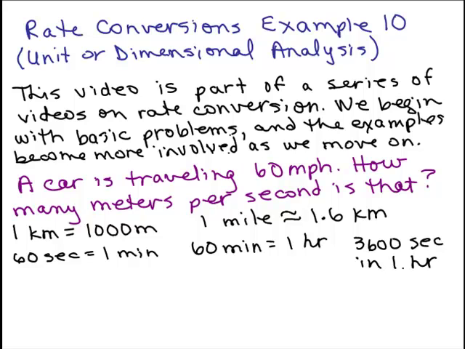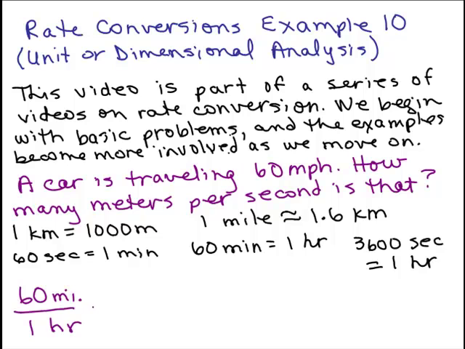Okay, so let's use that, which will make it a little bit less cumbersome if we realize there's 3,600 seconds in an hour. So we're starting off with a car going 60 miles per hour, so 60 miles in 1 hour. And we're trying to get to meters per second.